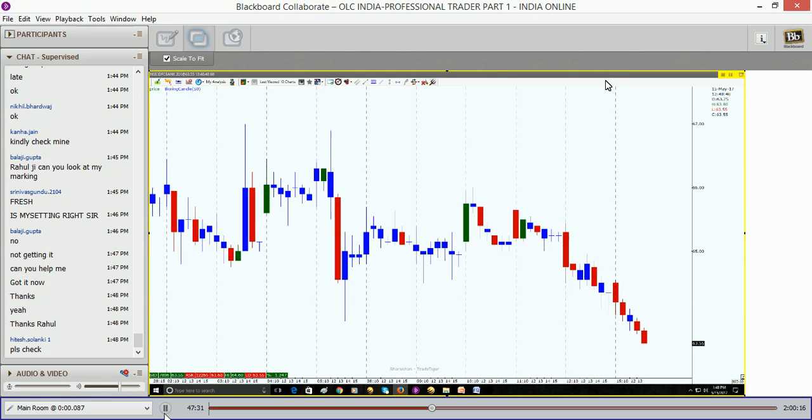Let me take control and let me see, Hitesh. Give me a minute. Okay, just check if that zone that I've marked is fresh or tested, Hitesh. If it's tested, you're right, because I'm not able to see because of the small screen. Srinivas, I think your settings are more or less good to go.